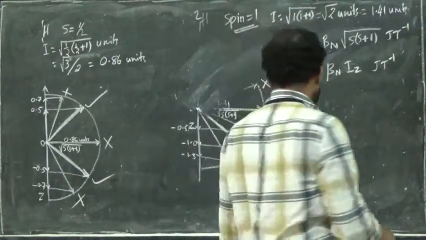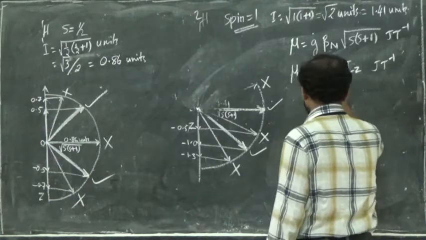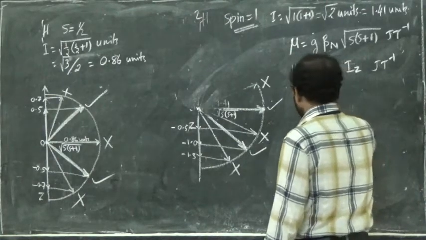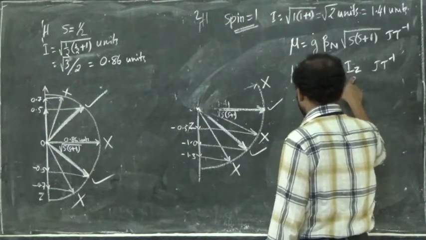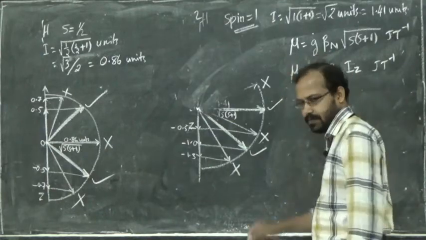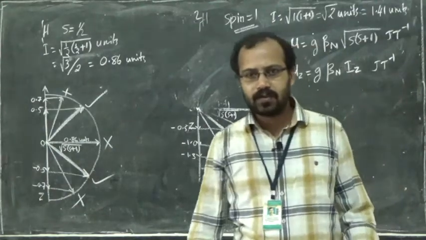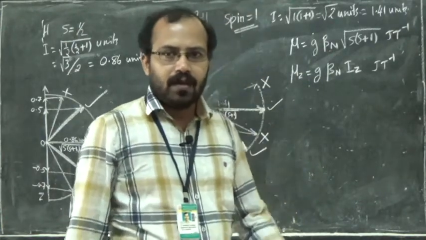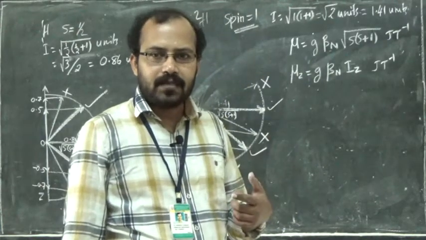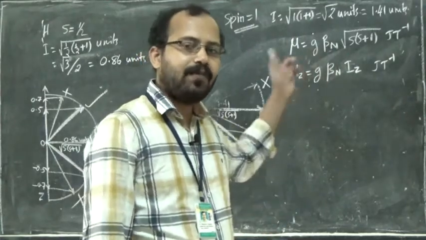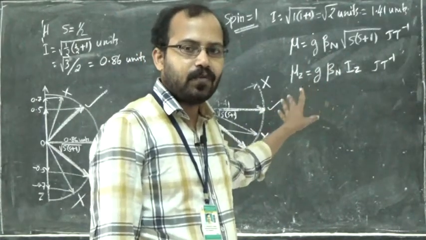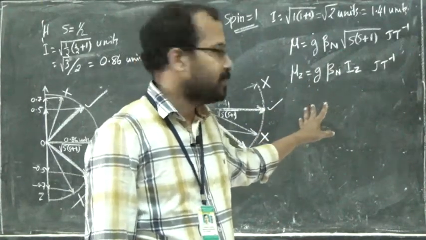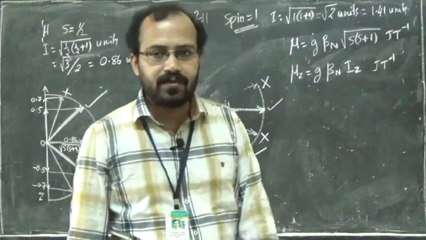Since G and beta n are positive, mu Z will depend upon the sign of Iz. Iz can be either positive or negative, right? Whatever the sign of Iz, that same sign will be transferred to mu Z, because G and beta n are positive quantities.